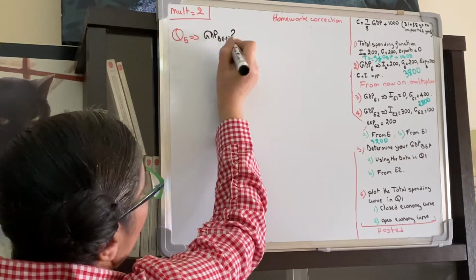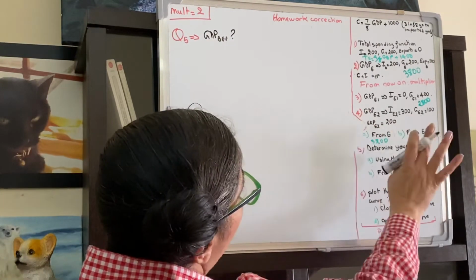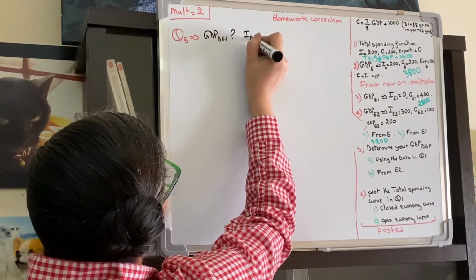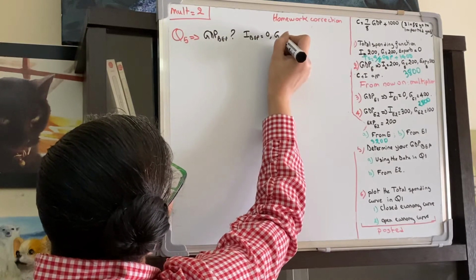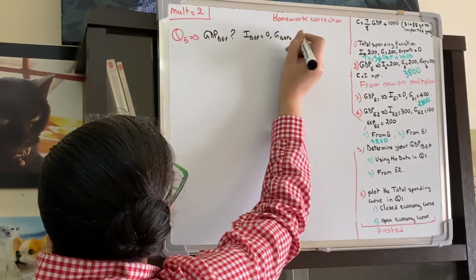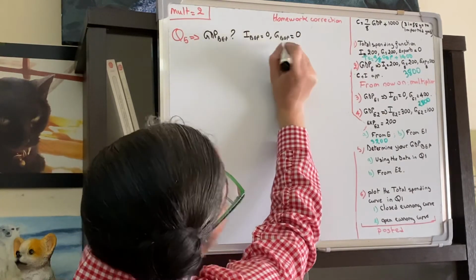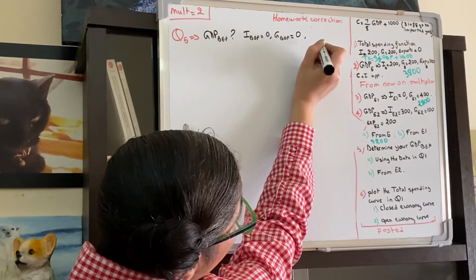That's what I'm calculating. And what are the data in E2? In E2 I have everything. So IBEP is equal to 0, GBEP is equal to 0, and where am I? Here.